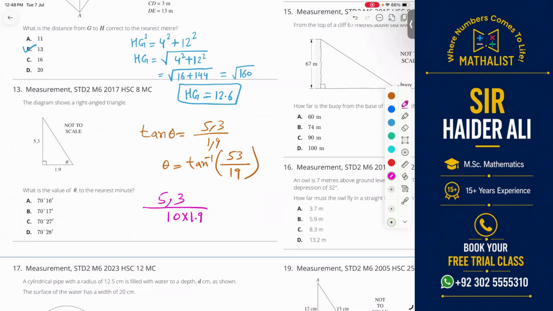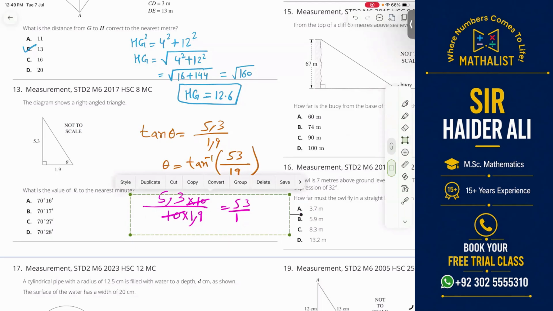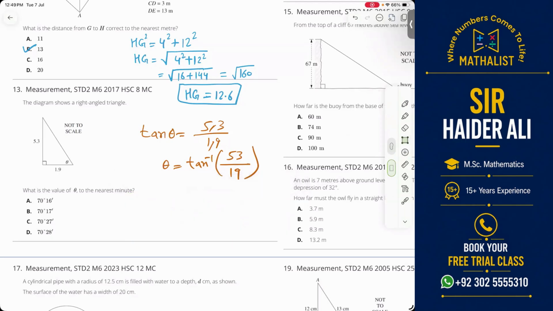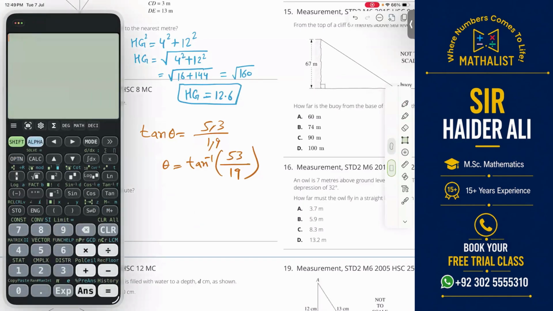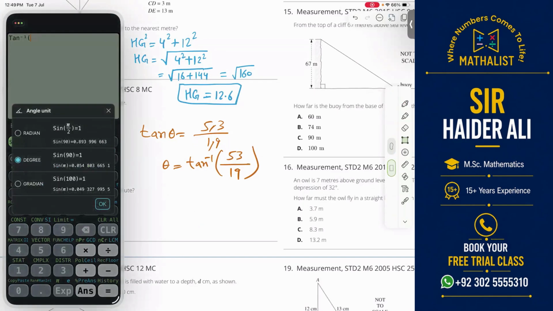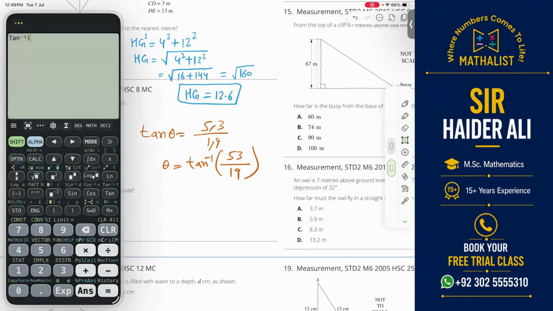Here you have 1.9, 1 above the point, and after the point one number, so 1, 0. 10 cancels with 10. So 53 over 90. You can cancel the point when they are in the same position. Why am I canceling it? Because when I write it on the calculator, it saves my time typing the points every time.